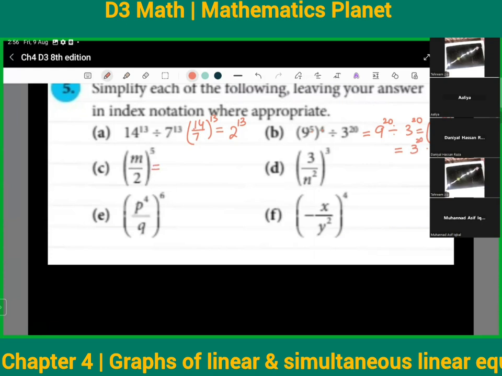Okay, Mohannad. Yes, teacher. Part C. Ma'am, m to the power of 5 upon 32, or 2 to the power 5. Okay. Yes, part D. We can simply write it 3 to the power 3 and to the power 6.